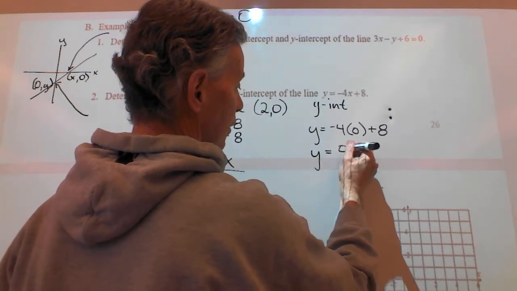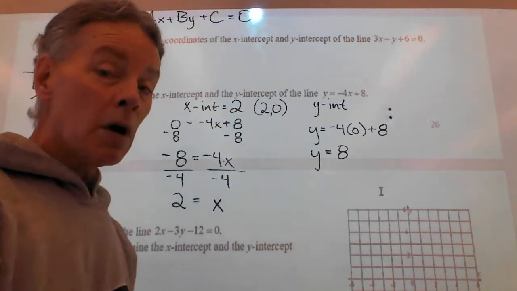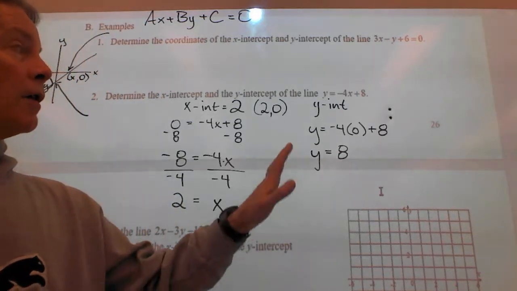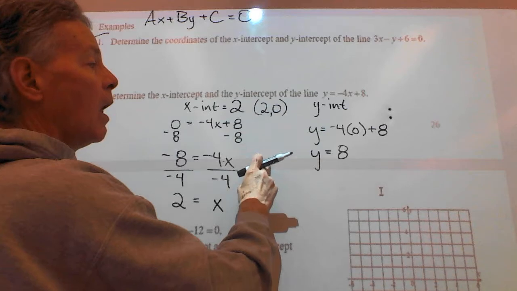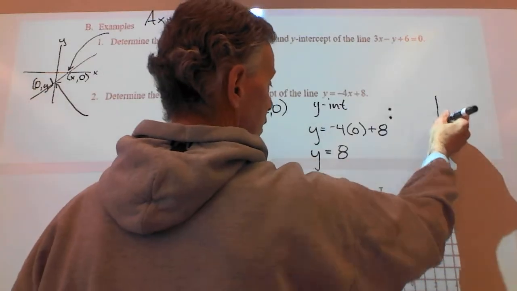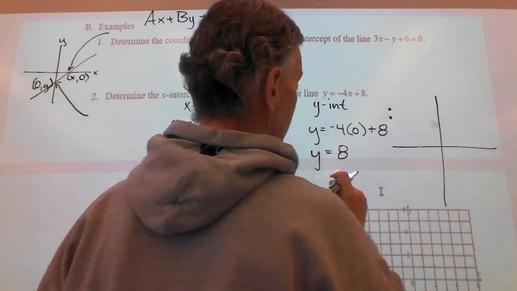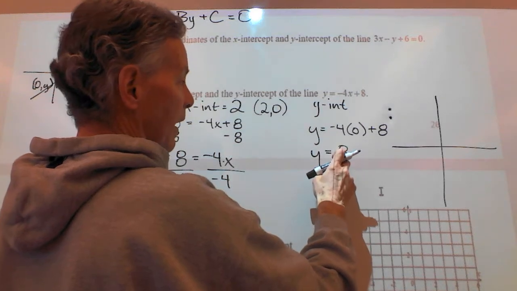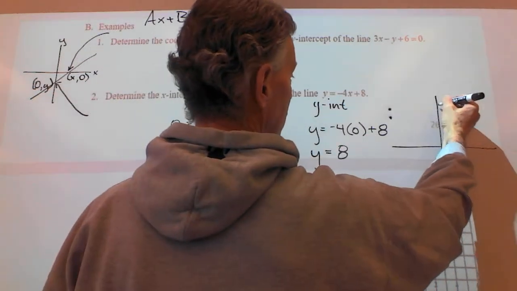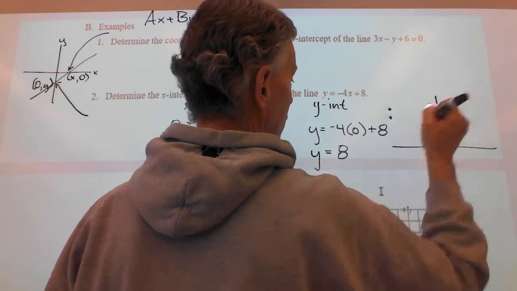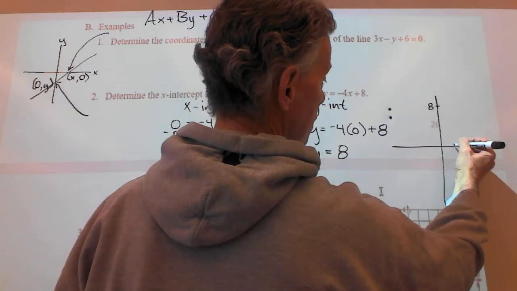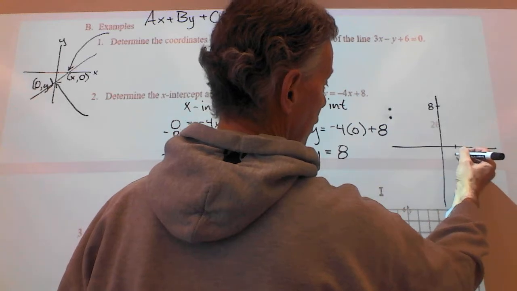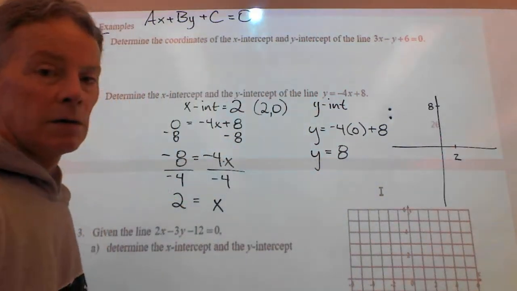That will simply leave us with y equals 8, and we're already done. Okay? So, this would be a line that crosses the y-intercept at 8 and the x-intercept at, or the x-axis, at 2.